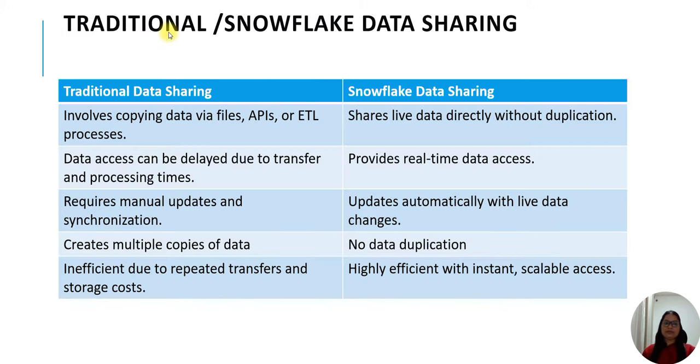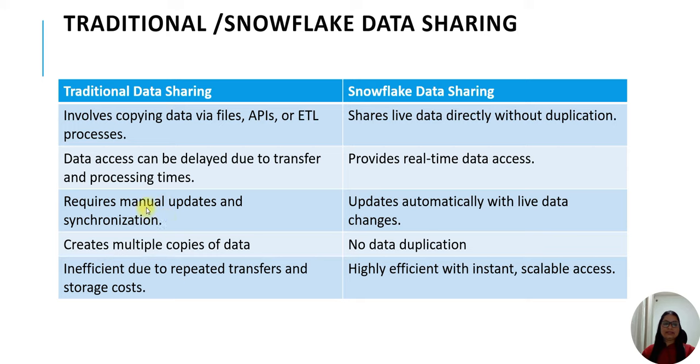Now see what is the difference between traditional data sharing and Snowflake data sharing. Traditional data sharing involves copying data via files, API or ETL process, which is a time consuming process. Snowflake data sharing shares the live data directly without duplication. In traditional sharing, data access can be delayed due to transfer and processing times, but Snowflake provides real-time data access.